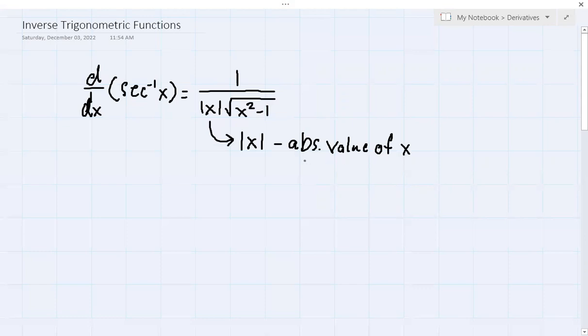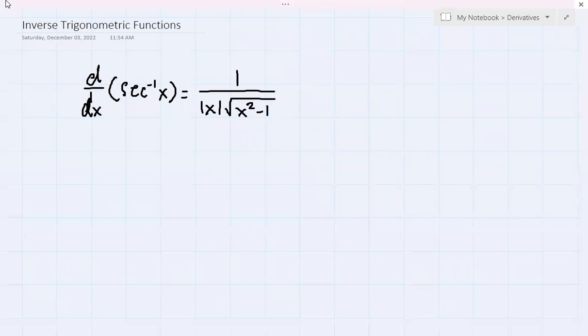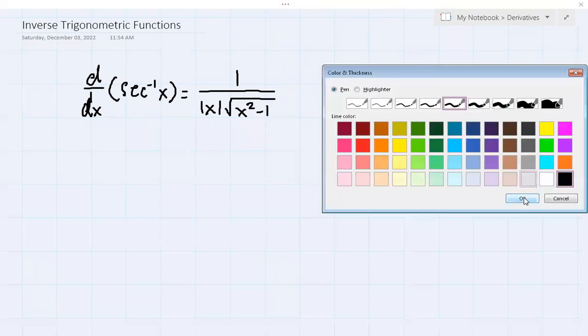Sorry sa handwriting ko. Kahit anong input mo dito sa x, whether it's positive or negative, positive ang resulta. Okay? Extra information lang to, so not literally a big deal dito. Just showing you the formula.